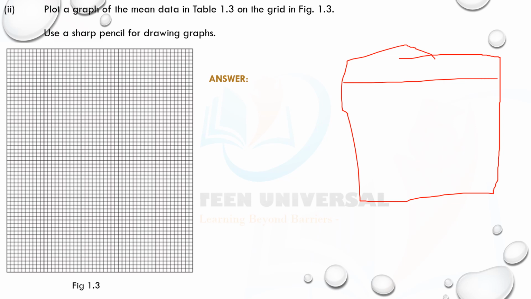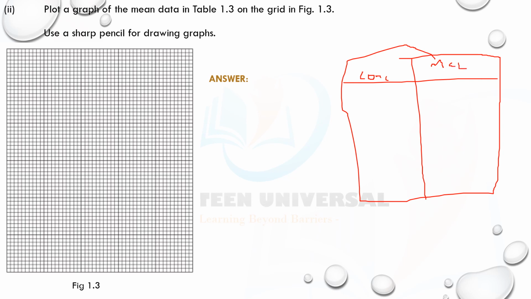So I'm plotting, right? The concentration is here. Concentration is the independent variable, against mean change in length, so I put it like this.